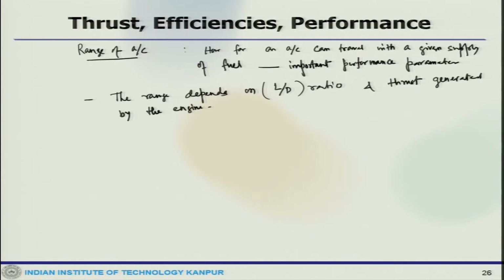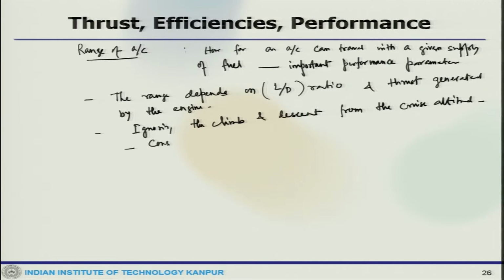Now, let us say we ignore the climb to and descent from the cruise altitude, and we only consider the aircraft to be in level flight.